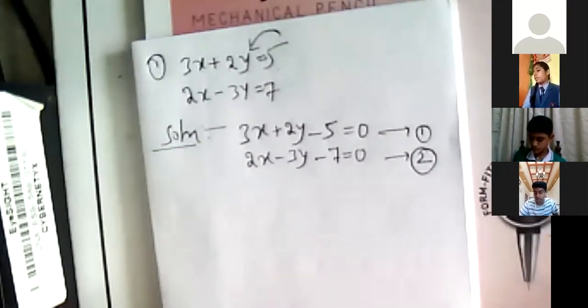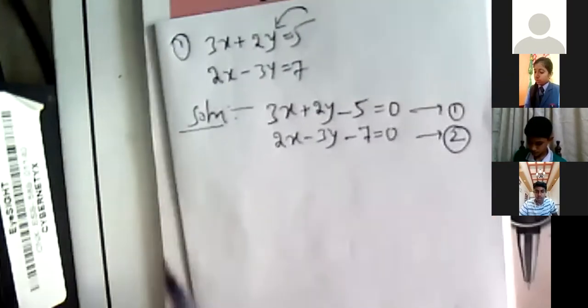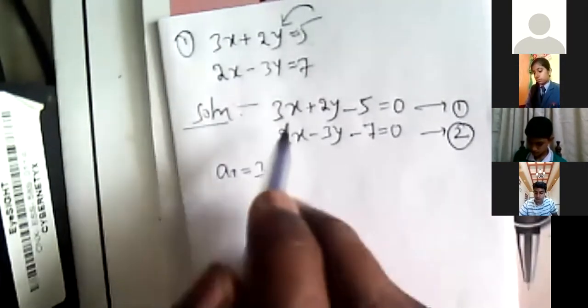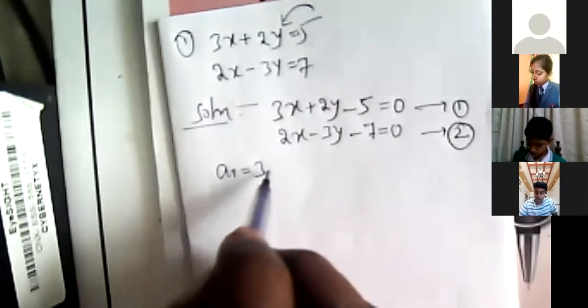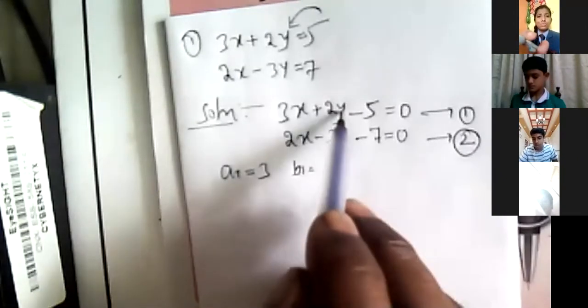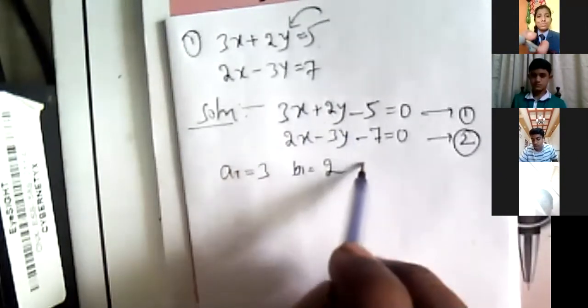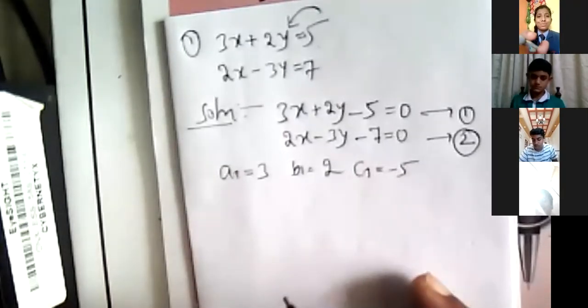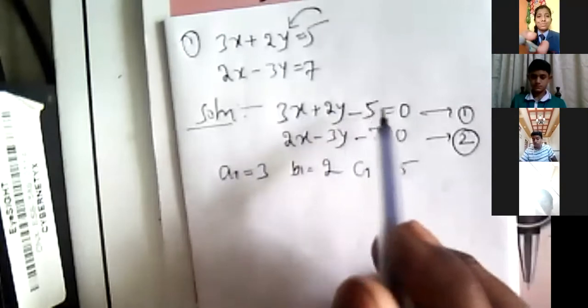Now you can write the values of a1, a2, b1, b2, c1, c2. a1 is equal to 3, the coefficient of x. b1 is equal to 2, the coefficient of y. c1 is equal to minus 5.